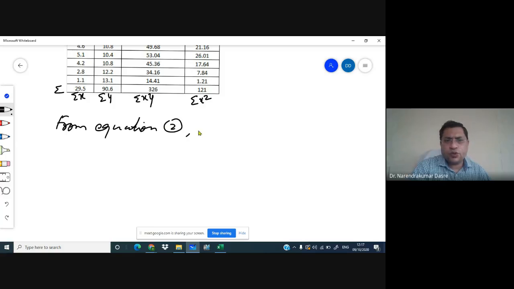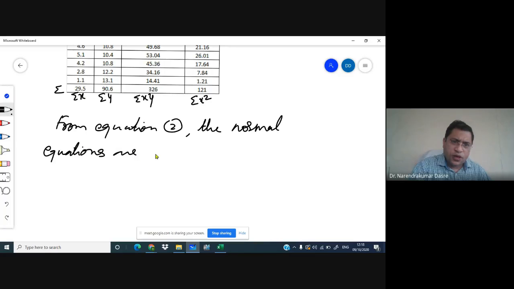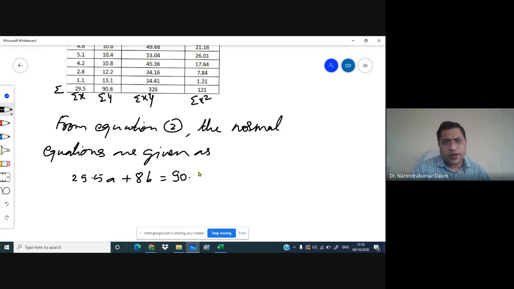From equation 2, the normal equations are given as: summation x, so 29.5 times a plus n times b is equal to summation y, so 90.6.